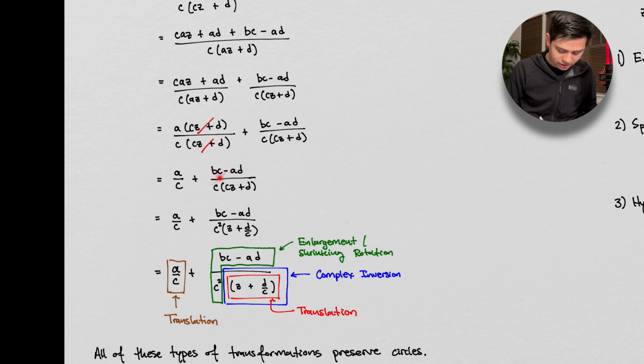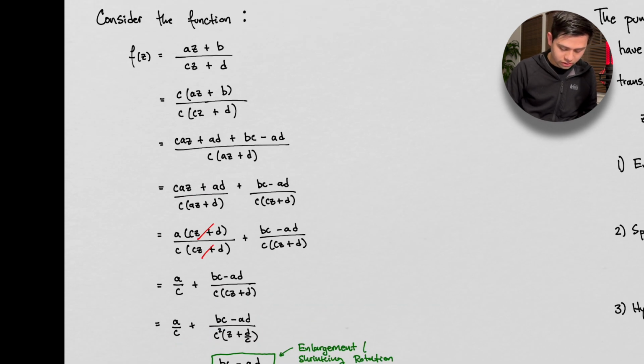So BC minus AD over C times CZ plus D. We take the C out, that is C squared, but if we're taking the C out here, then we need to compensate for that by dividing by C, right? Because when we multiply this out, this is going to be C times D. So we need C times D here, so we need to divide that by C. So this is the Mobius transformation, just like this.